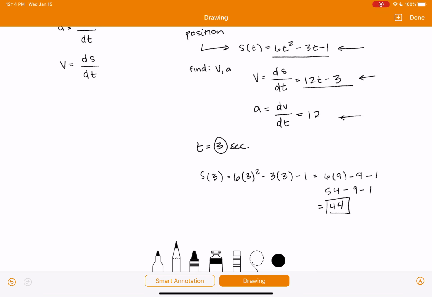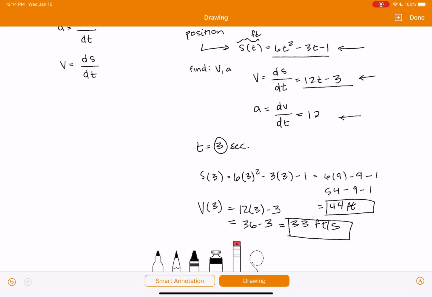All right, and the units on this would be whatever the declared units on position would be. We'll just say it'll be feet. Then for velocity, we would get 12 times 3 minus 3, which is 36 minus 3, which is 33 feet per second.